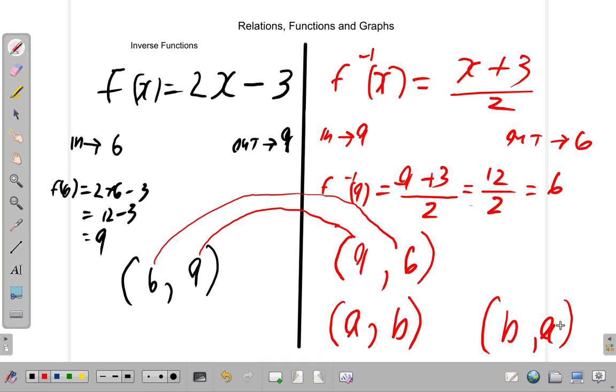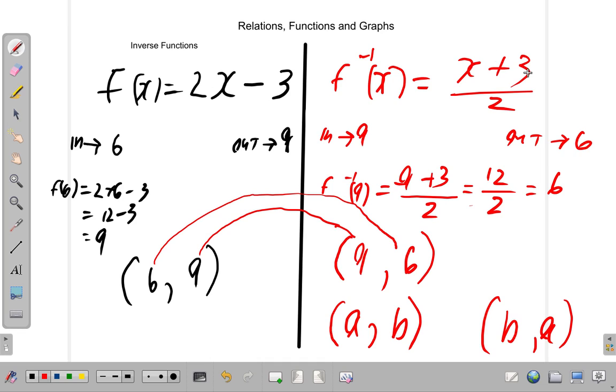The inverse function does the reverse of the original function. The function takes an input and gives an output. The inverse takes the output of the function and gets an input. Good.